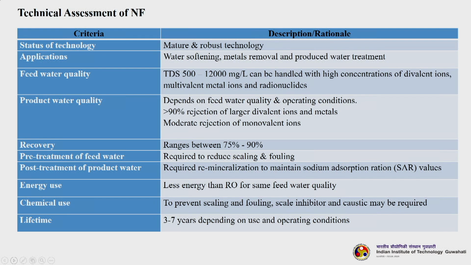This is a technical assessment of the NF technology. You can just go through it. The status of the technology: NF at present is quite mature and it is a robust technology. Applications are wide. The most important applications are water softening, metal removal and produced water treatment.